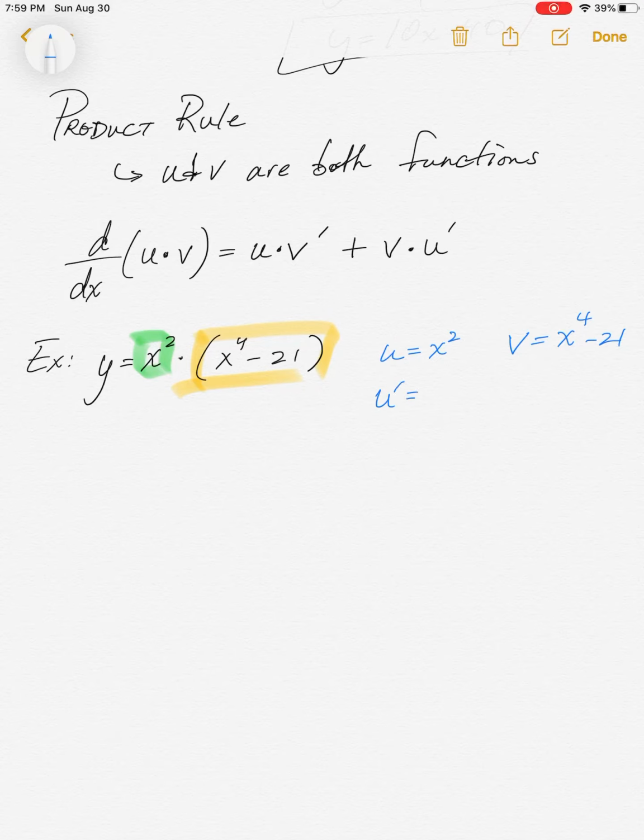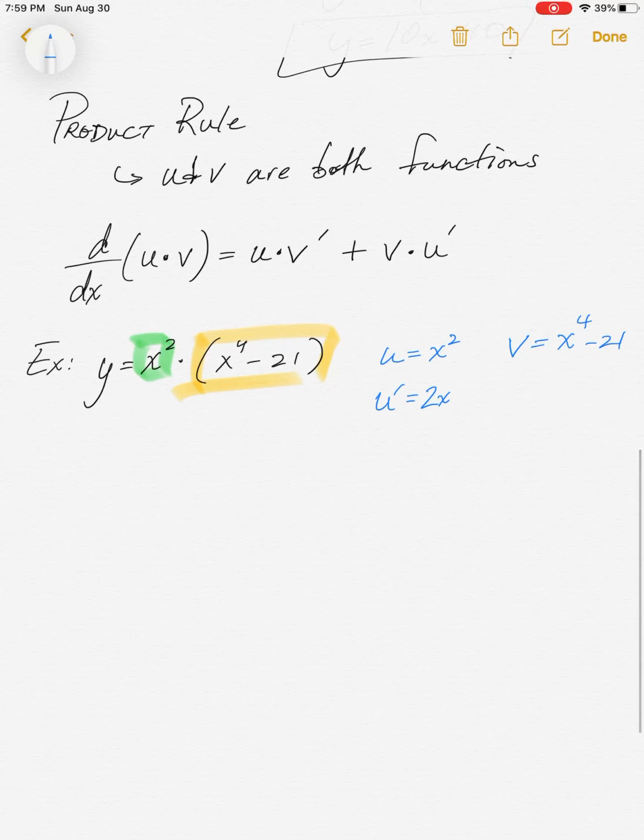So u prime, applying the power rule, is 2x. V prime, applying the power rule and the derivative of a constant rule, is 4x cubed minus 0, so just 4x cubed.